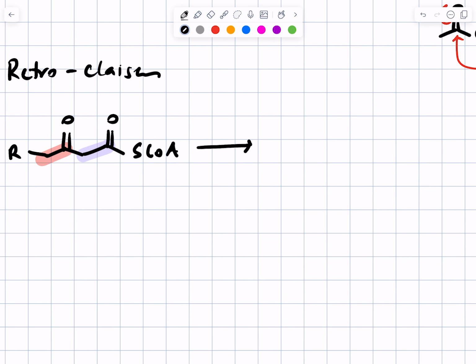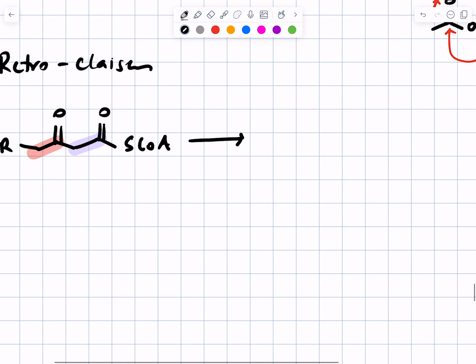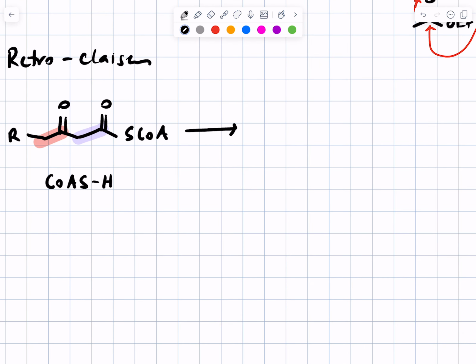This will involve another equivalent of coenzyme A. But when we're done with this reaction, you'll see that the purple 2 carbon unit has been broken off first as an enolate and then picks up a proton to just become this 2 carbon acetyl-CoA.